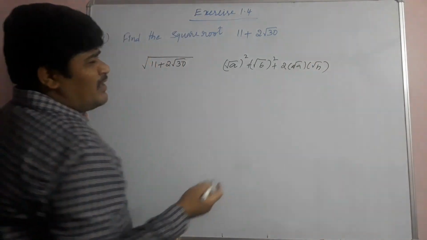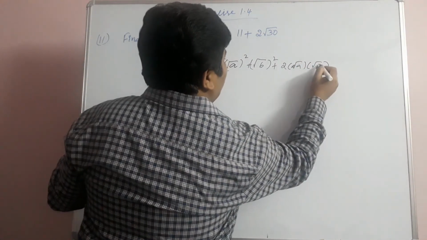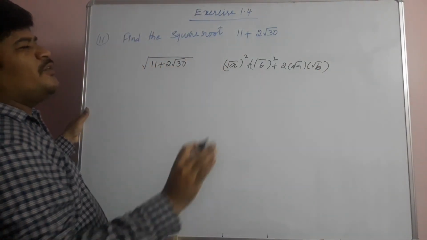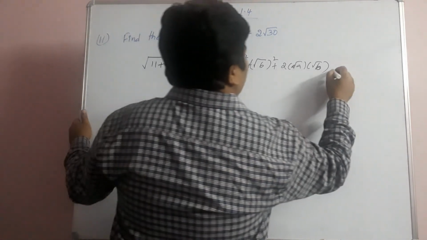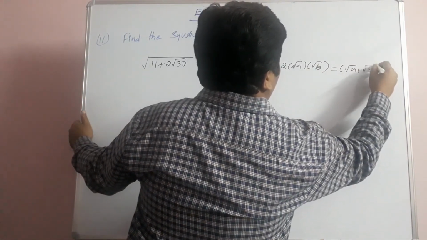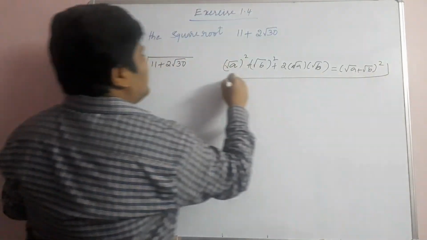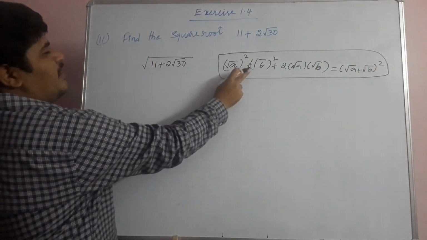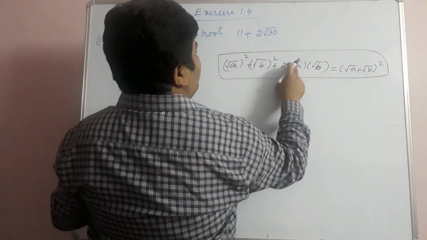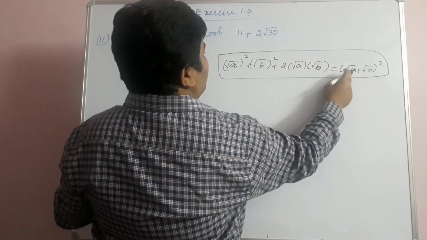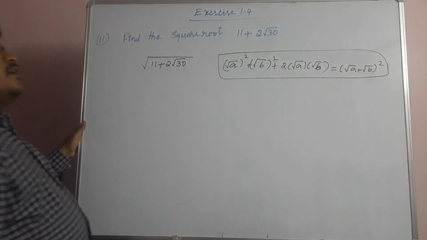We know the formula of a square plus b square plus 2ab, but we have this formula also. It can be written as root a plus root b whole square.